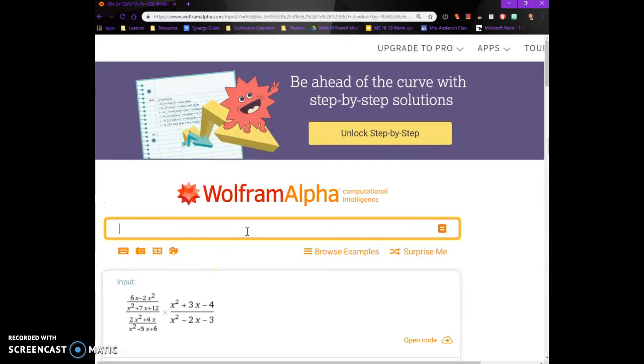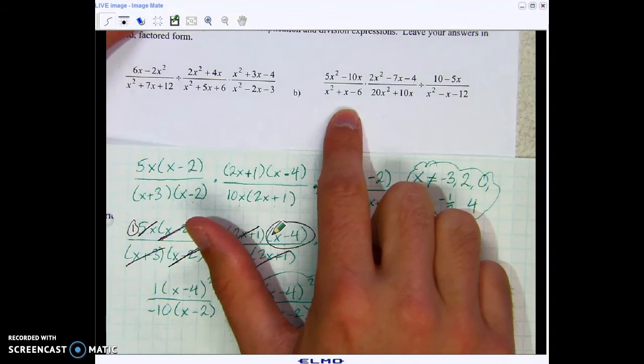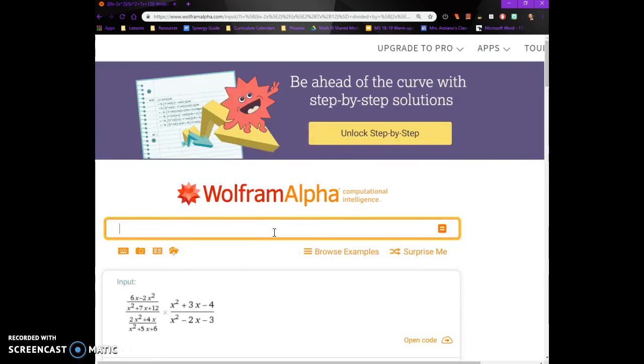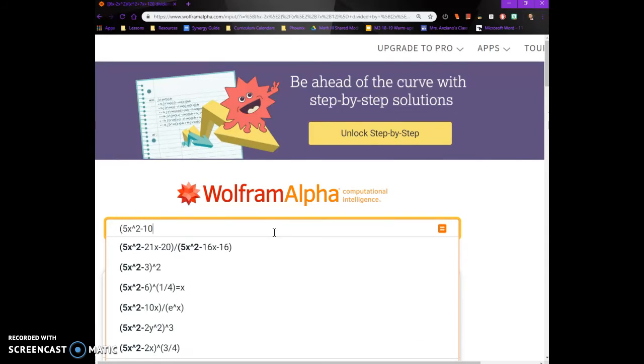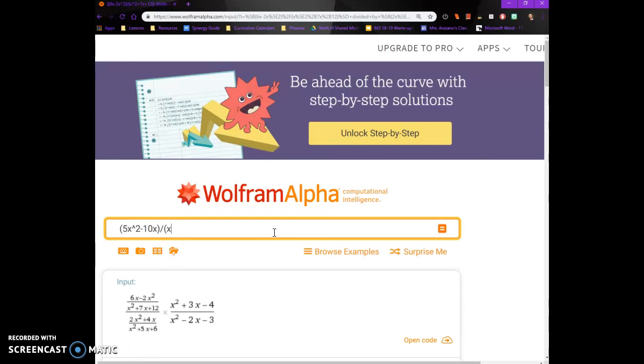Guys, basically Wolfram Alpha is very nice because it allows you to type in your original input. So we're going to type in this original problem right here, 5x squared minus 10x, all that good stuff. I'm going to see if I can type it real quick in just a minute, but it's probably not going to happen. We'll try. So 5x squared, in parentheses, minus 10x over x squared plus x minus 6.